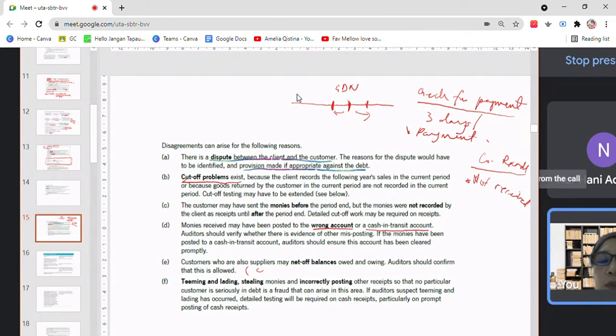So this is a contra. Teaming and lading, stealing money and incorrectly posting other receipts so that no particular customer is seriously in debt, is a fraud, so you have to check.